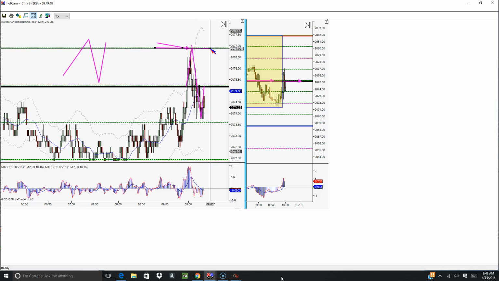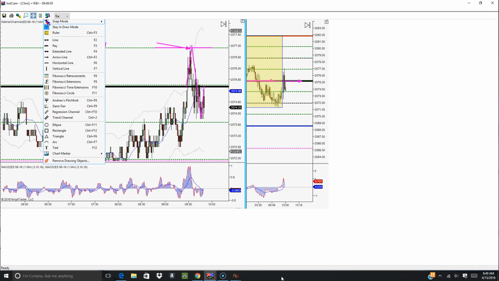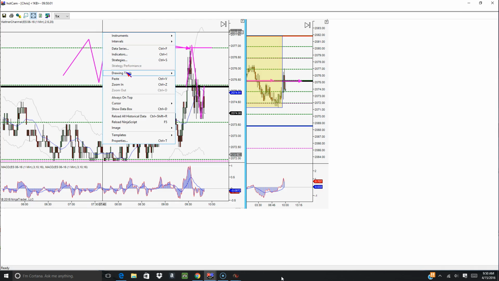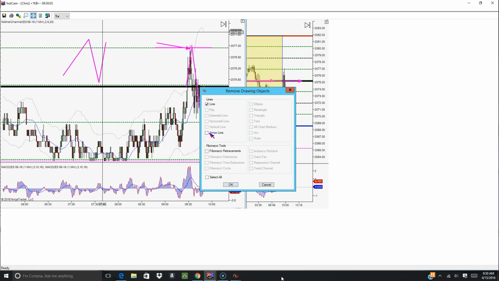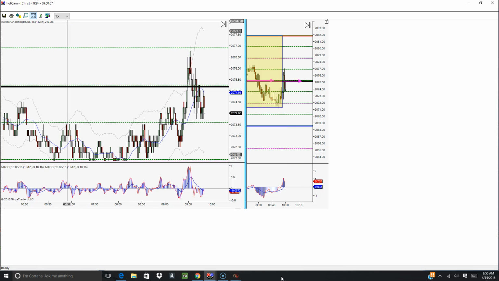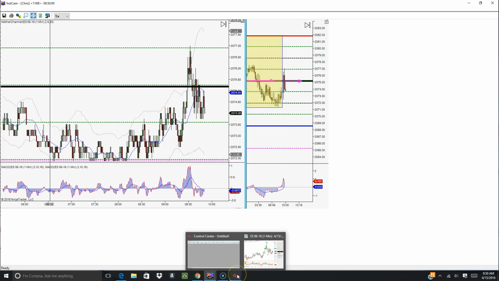This is where we utilize our levels and we understand price action. We wait, we watch to see if the market's hitting. So, all we're doing is watching price action.